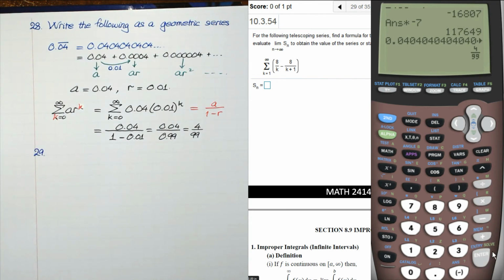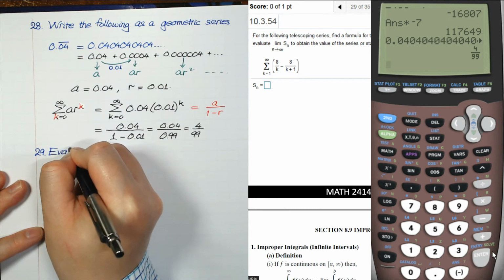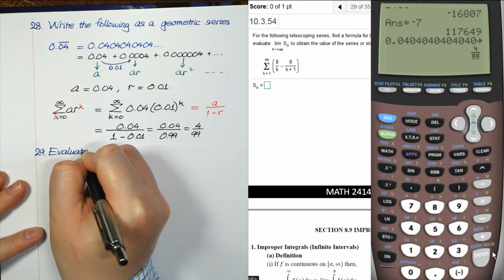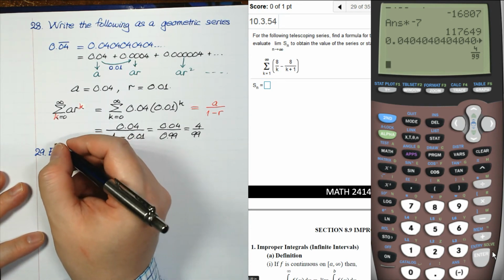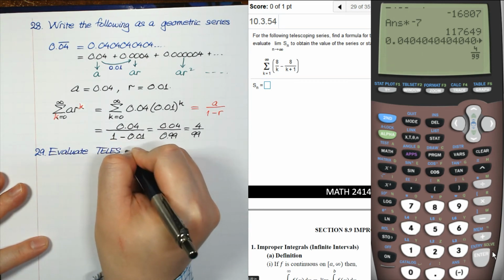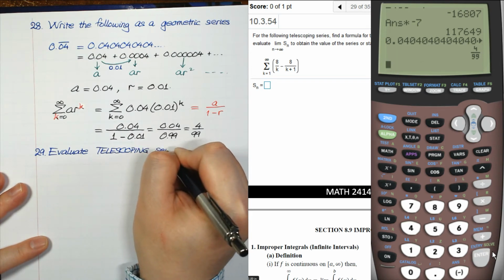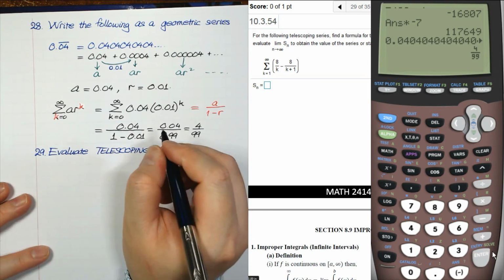Next, find the following telescoping series. Find the formula for the nth term, and then evaluate when S of n goes to infinity. So pretty much we will evaluate this particular series as telescoping.